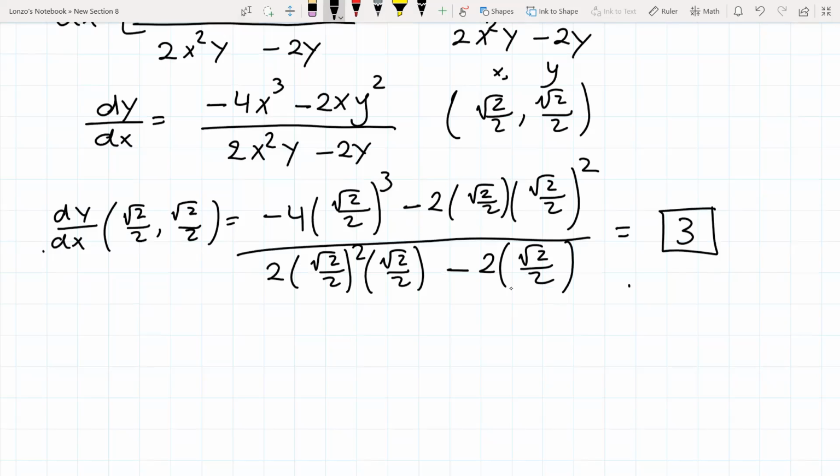So this is your slope, right? m equals 3. Now you're going to use point slope form because they want an equation. Point slope form is y minus y1 equals m times x minus x1, right?